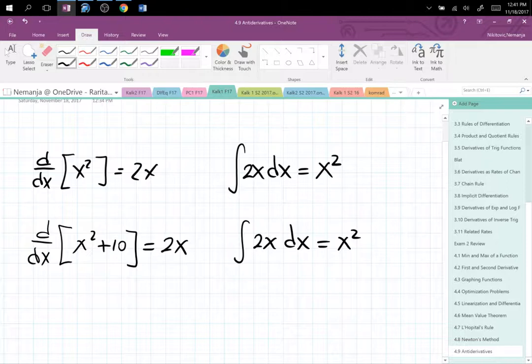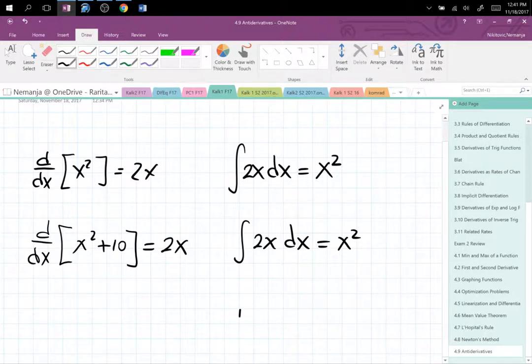But in this case, it's plus 10, and definitely harm done, right? Because I didn't get plus 10 back. See, derivatives destroy that piece of information, because the derivative of any constant is 0, and whatever constant you had there is gone. And integration, or antiderivatives, cannot retrieve that just by looking at it, right?